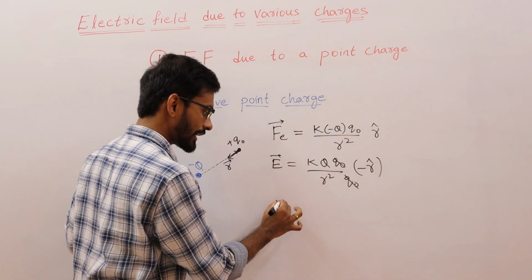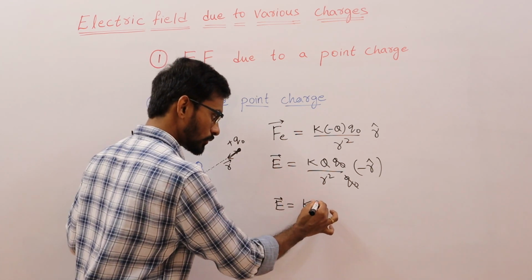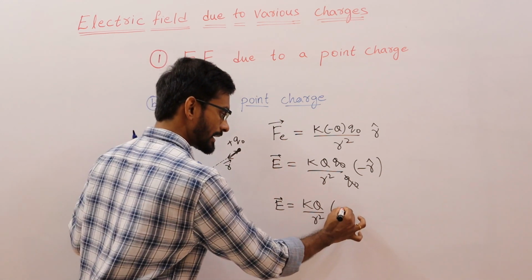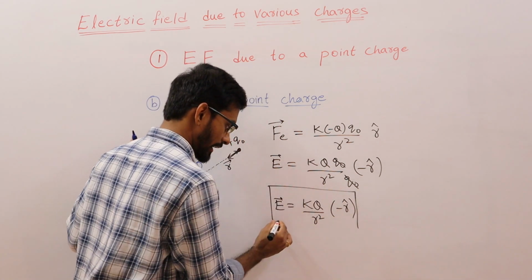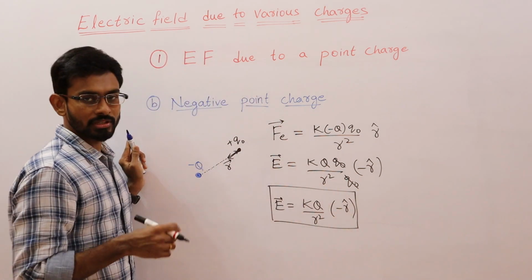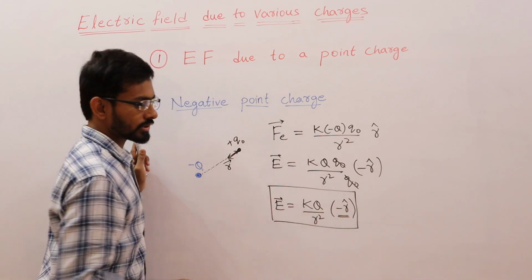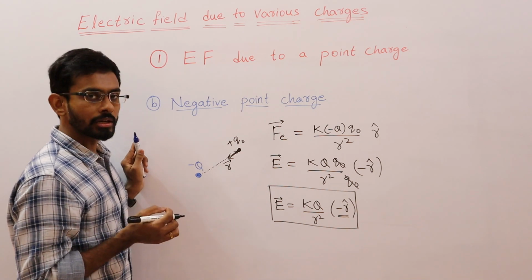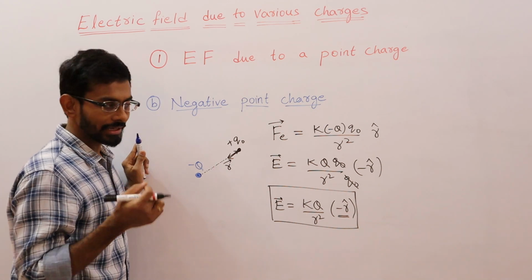So from here we'll get electric field strength as kq by r square into minus r cap. So that means here again we can note two points. First thing, it is radially inwards. This minus r cap means it is radially inwards. So electric field due to a negative point charge is always radially inwards.